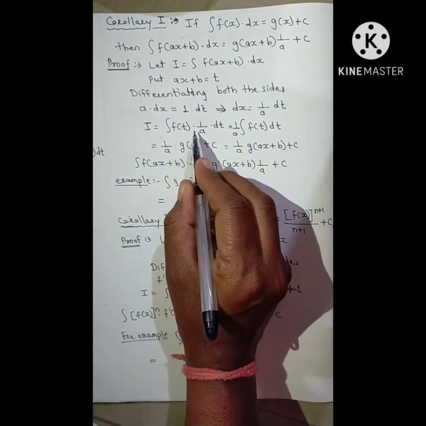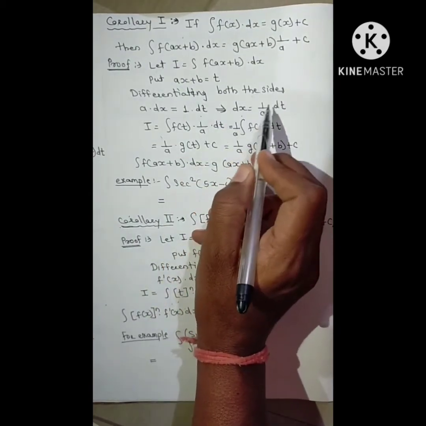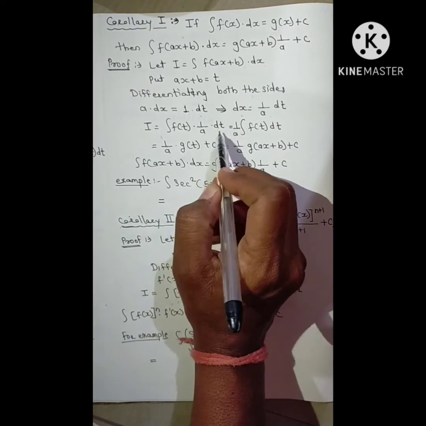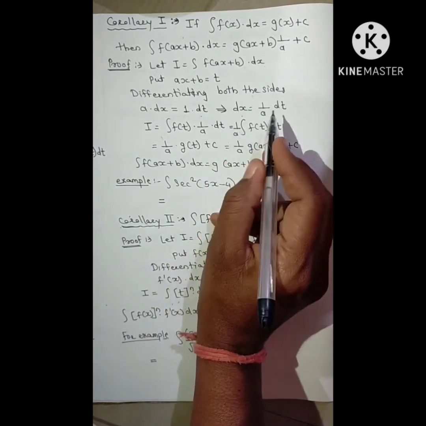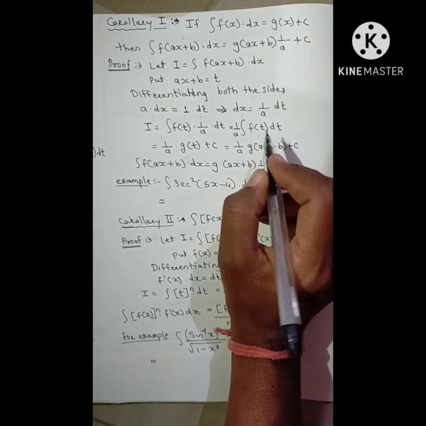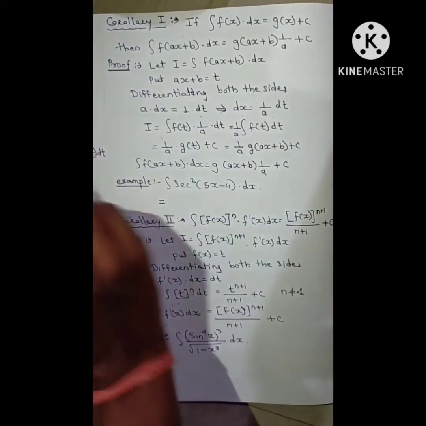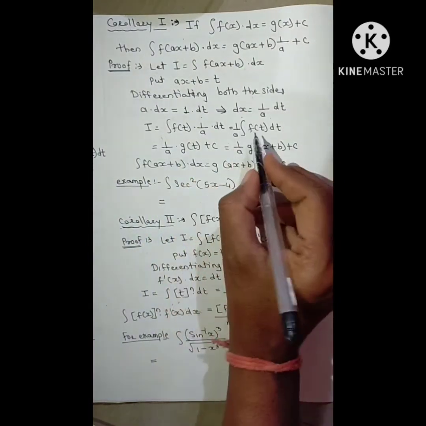Now I is equal to integration, substituting the value of ax plus b as t, f of t into 1 upon a into dt. Since 1 upon a is a constant, we take it outside the integration: 1 upon a integration f of t into dt, which is equal to g of x plus c.